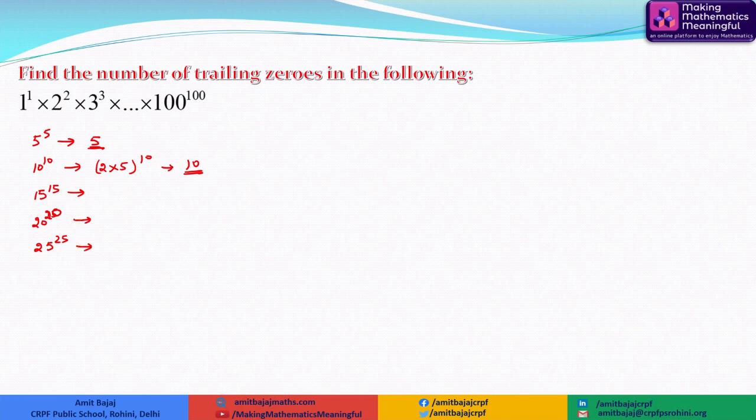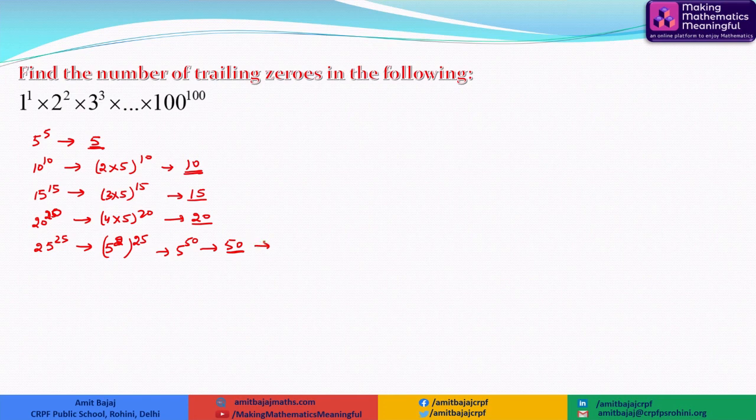We already have observed that since it is 15 power 15, 3 into 5 power 15, this gives us a total of 15 zeros, and this will give us 20 zeros. But 25 raised to the power 25, that is 5 raised to the power 50, gives us 50 zeros.